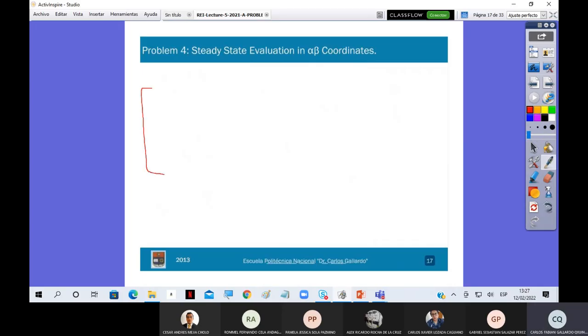So let's split it up in the alpha and beta coordinates. I will have the alpha coordinate for the stator, the beta coordinate, and later the alpha for the rotor and the beta for the rotor. We have already derived this equation. This is the state matrix.